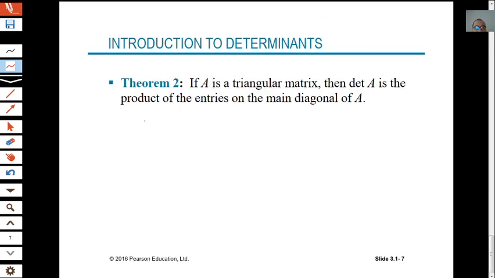Okay, and lastly we explain theorem 2. If A is a triangular matrix, then the determinant of A is the product of the entries on the main diagonal of the given matrix.